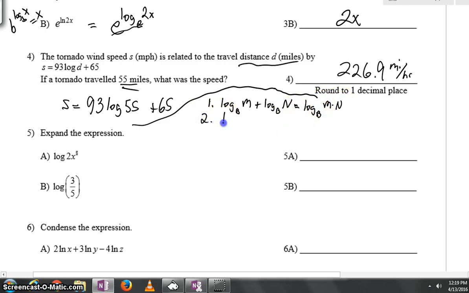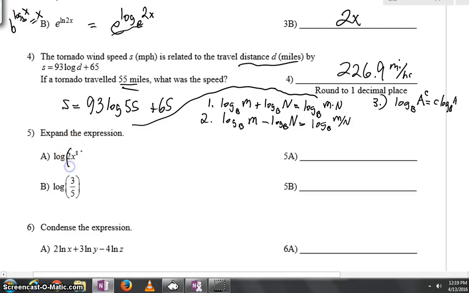Similarly, if we had the log base b of m minus the log base b of n, that would equal a division, log base b of m divided by n. And then just to save some space up here for a third property, if I gave you log base b of a to the c power, we can take that c and bring it down in front and write that as c times the log base b of a.